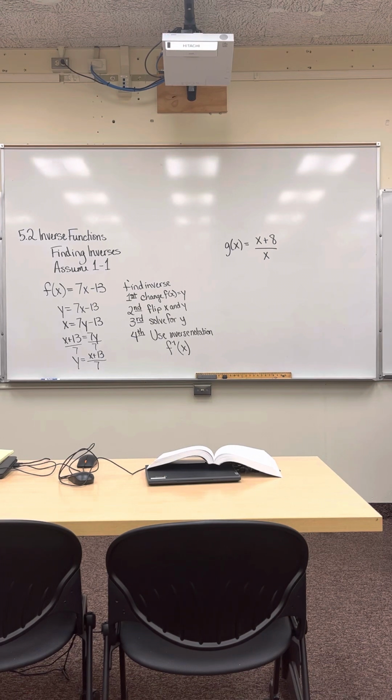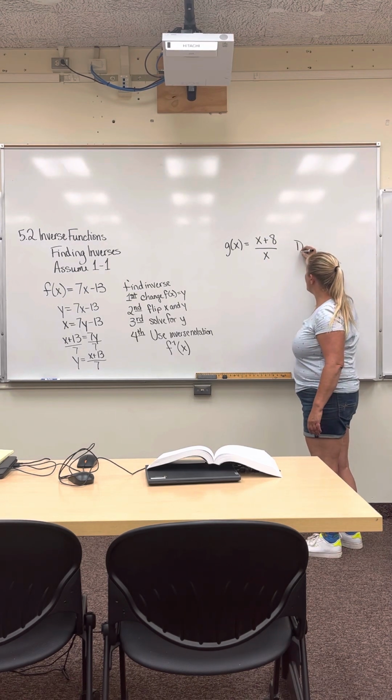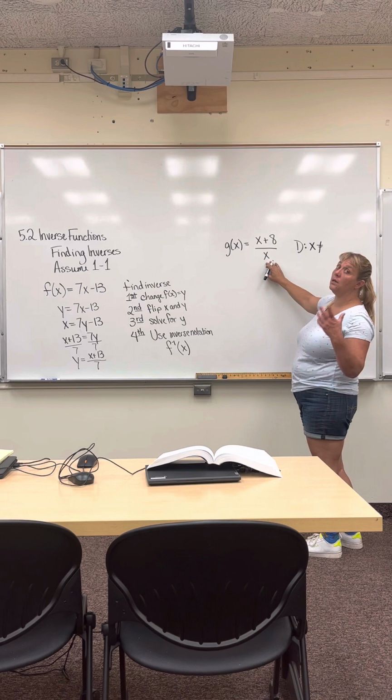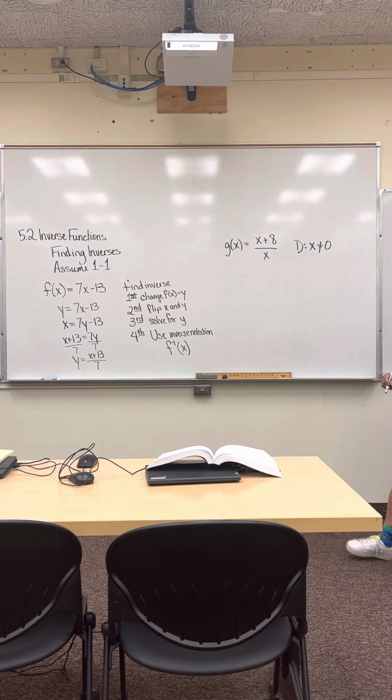But the problem is we've got multiple x's and we've got one x in the denominator. So the first thing that we need to do, and it's not going to be written there, is we need to write the domain and say that x cannot equal 0. So x cannot equal 0, and that's an important part of the problem.